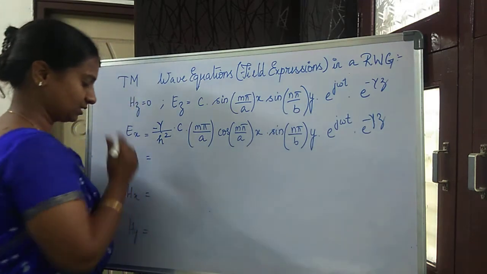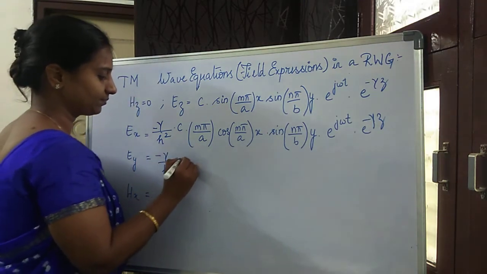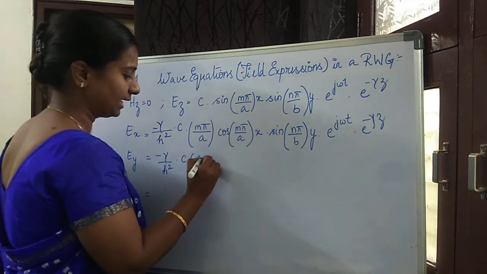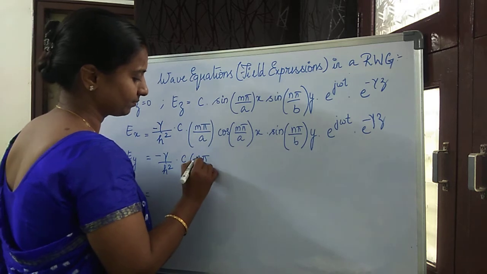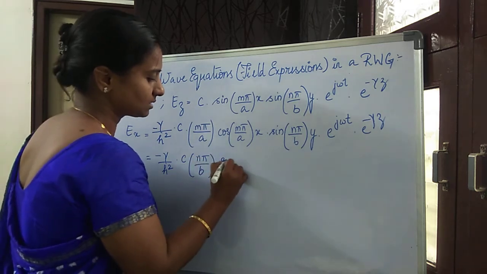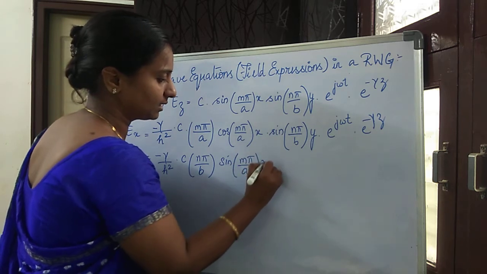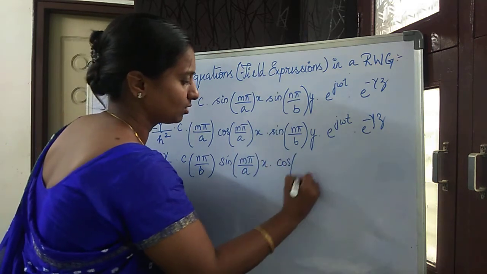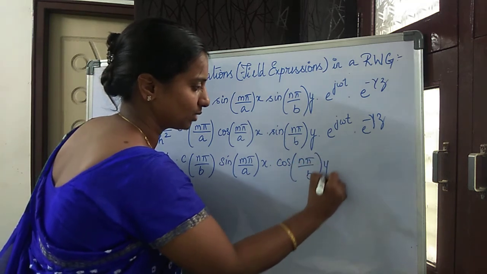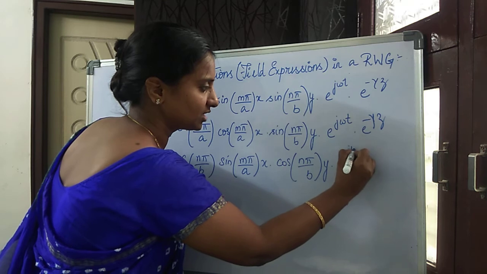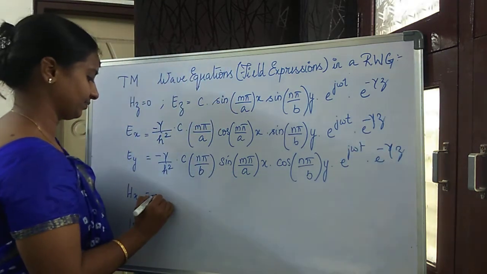For Ey I will have minus gamma by h square, constant term, n pi by b, sine of m pi by a x in the x direction, cos of n pi by b y in the y direction, e power j omega t e power minus gamma z.